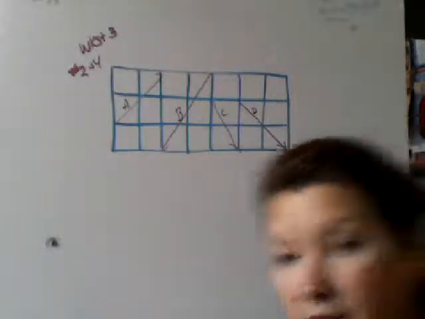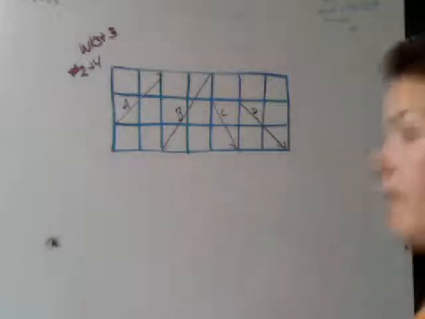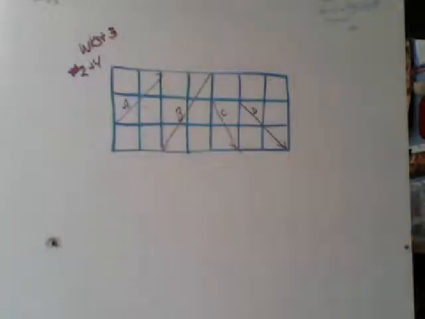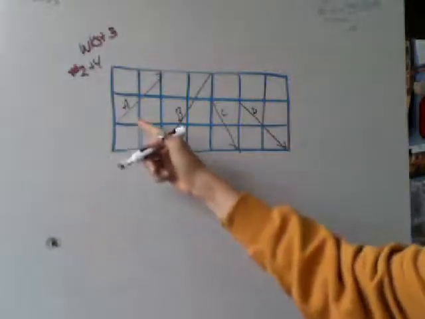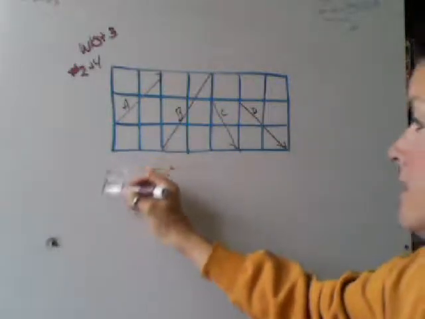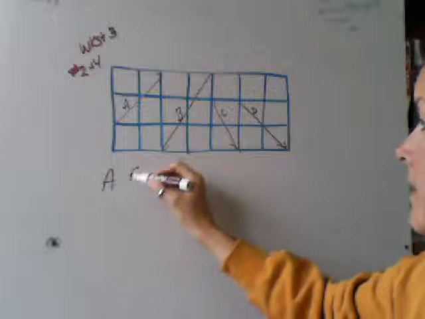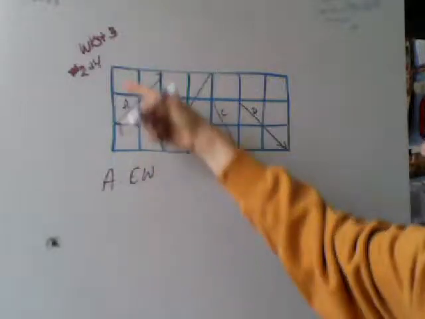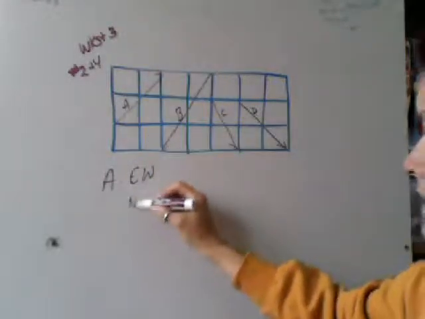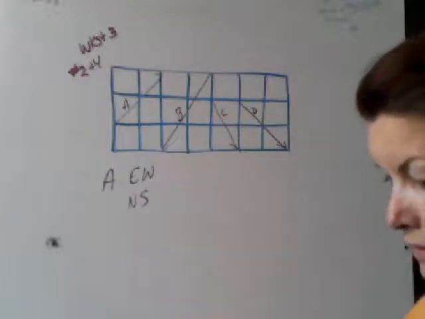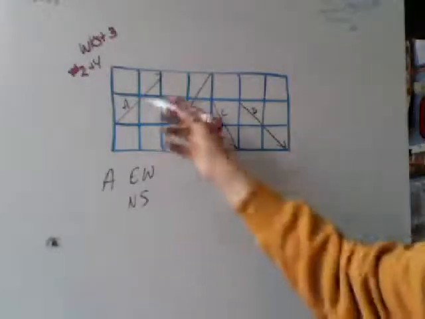And so without overthinking this too much, you simply want to look at the graph, and for vector A, it has a component, it goes 2 blocks in the east-west direction, and it goes 2 blocks in the north and south direction. And so we're told that each square is 10 kilometers.